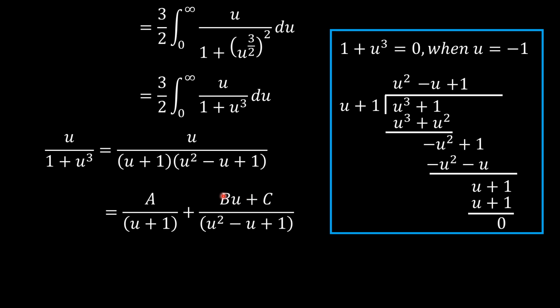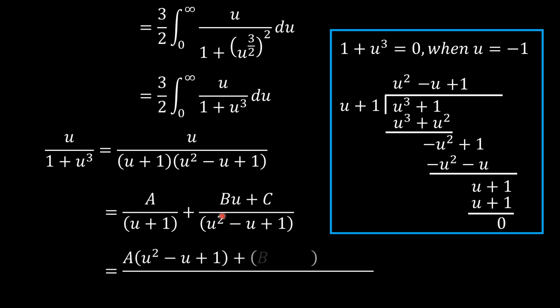As is customary in partial fractions, the numerator has to be 1 degree less than the denominator. We're putting a, b, and c because we don't know what they are, so we're just going to try and figure out what they are.